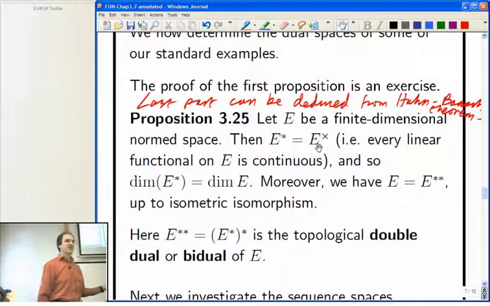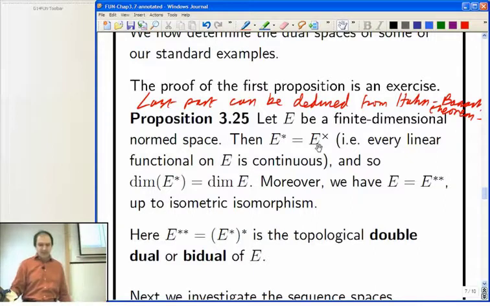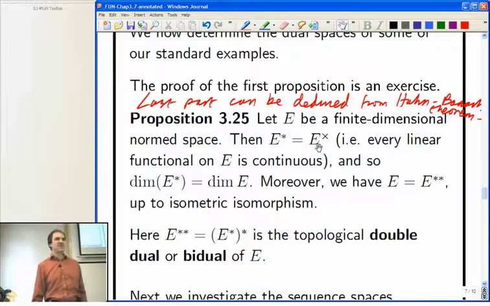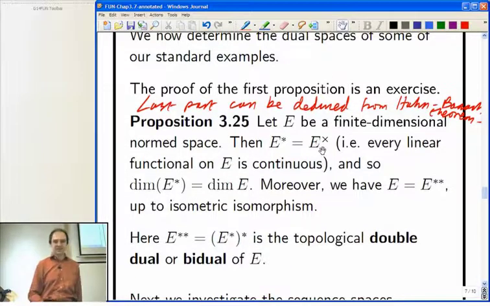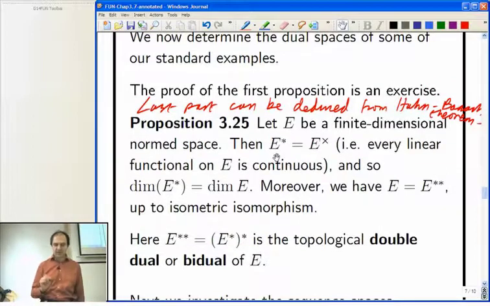Linear maps between finite dimensional spaces are just given by matrices, and in this particular case it's just dot product with some particular vector, and that's obviously going to be continuous in the usual setting, and since all norms on finite dimensional vector spaces are equivalent, it's going to be continuous. So that explains why every linear functional, which is E cross, has to be continuous, which is E star. So that gives you E star equals E cross.